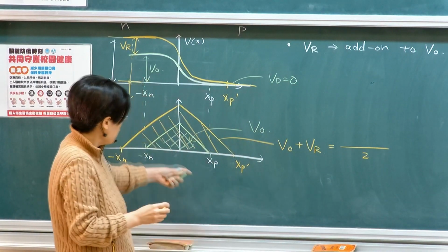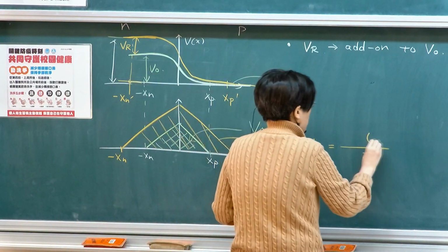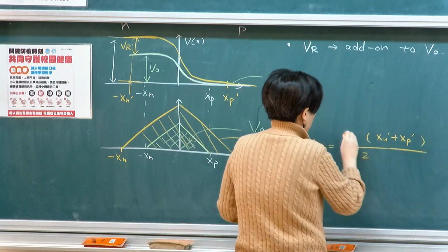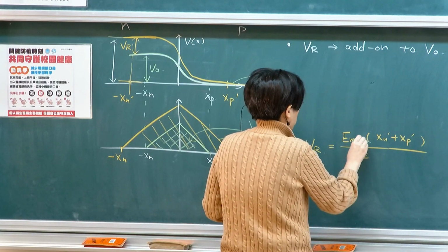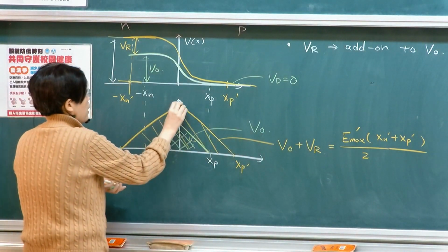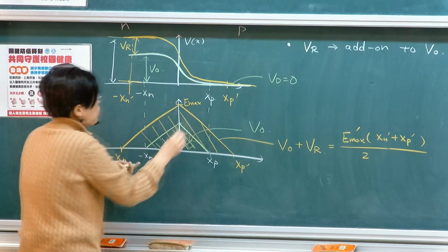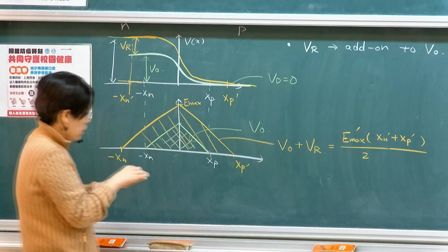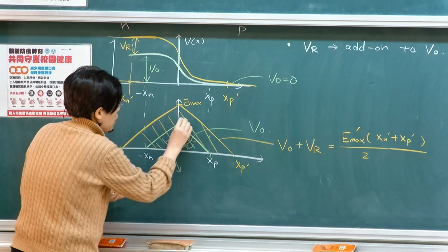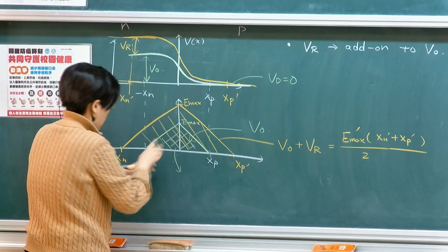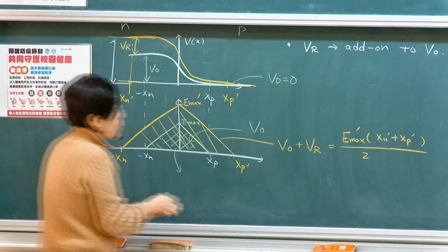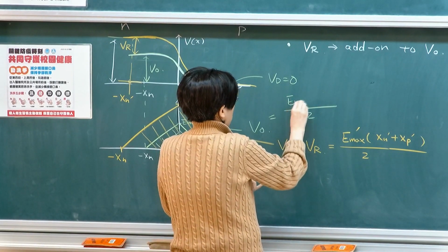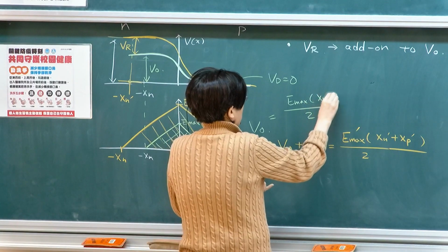Because it's an integral, it's XN' plus XP' times Emax'. If I'm highlighting this as Emax', in the ideal case it would simply be the area of the triangle. And this is also the same. So this will be Emax'. The original integral will be 1/2 Emax XN XP.